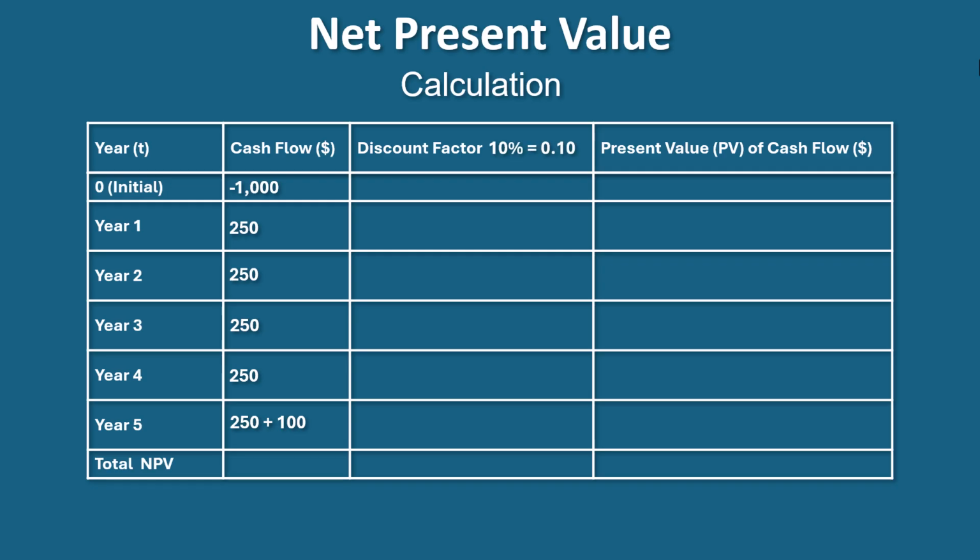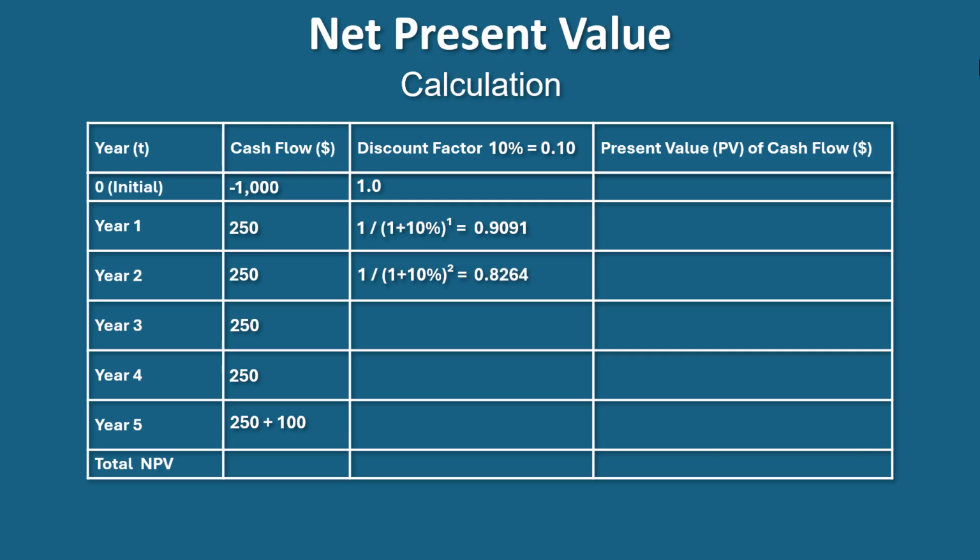First, the discount factor for year 0 is 1.0 because money today is worth its face value. For year 1, the discount factor equals 1 divided by 1.10, which equals 0.9091. For year 2, 1 divided by 1.10 squared, which equals 0.8264.